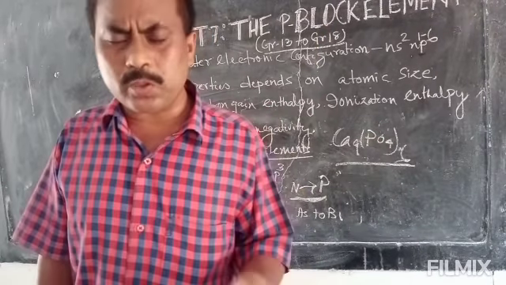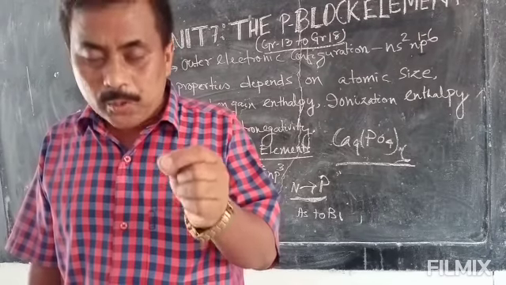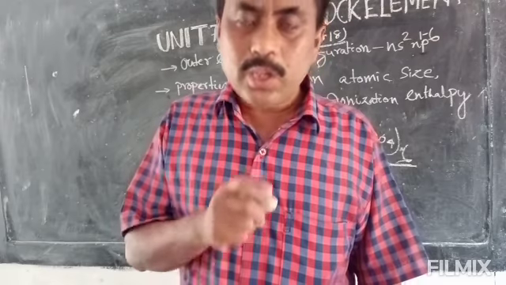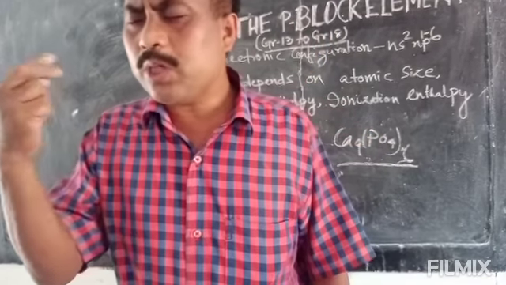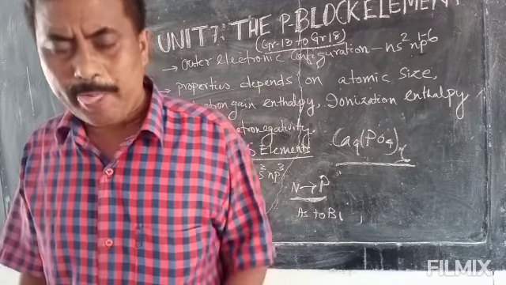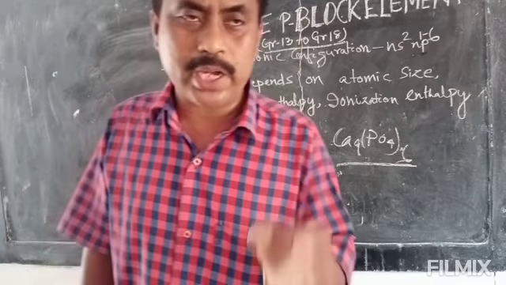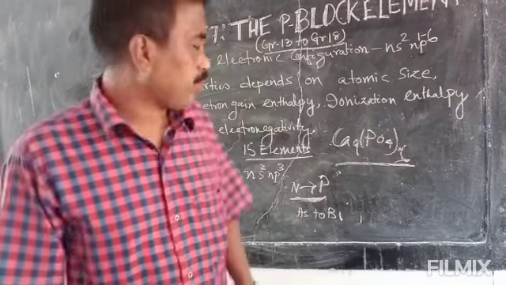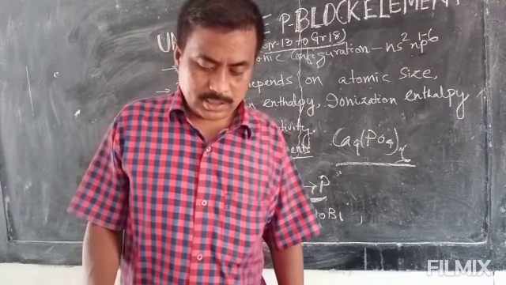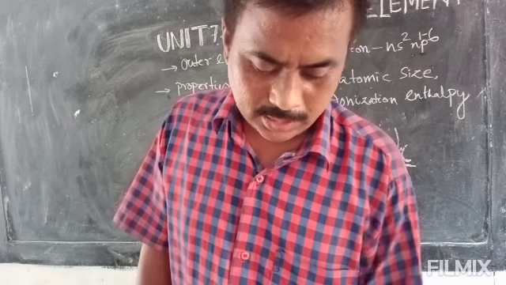And if an electron is removed, then the species becomes positively charged, so the force of attraction is already higher. So from that higher force of attraction, if you want to remove a second electron, automatically the energy required is more. If you remove a third electron, it requires more energy as the force of attraction is higher. That is why ΔiH1 is less than ΔiH2, which is less than ΔiH3. This is what happens in the case of ionization enthalpy.